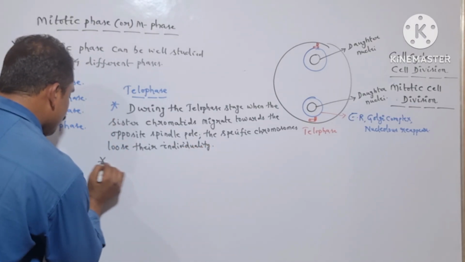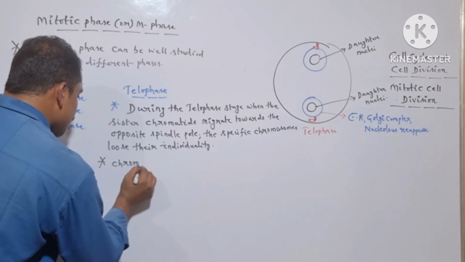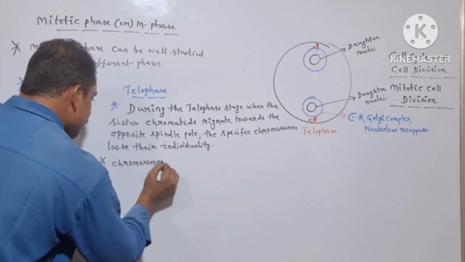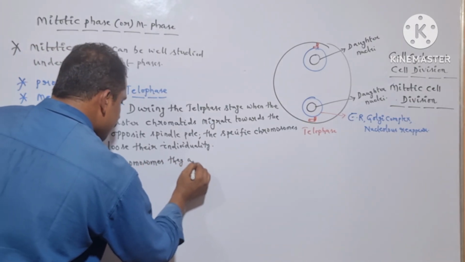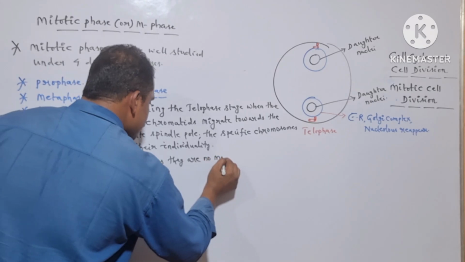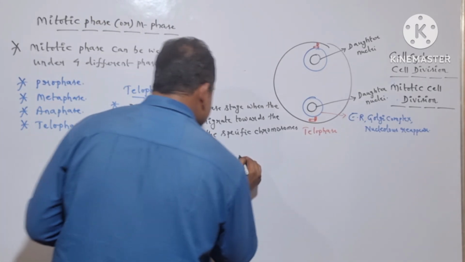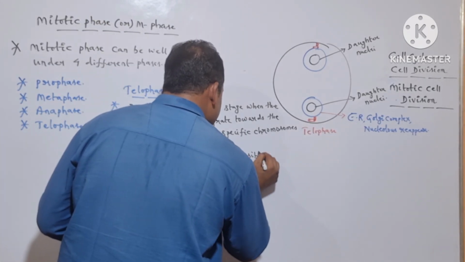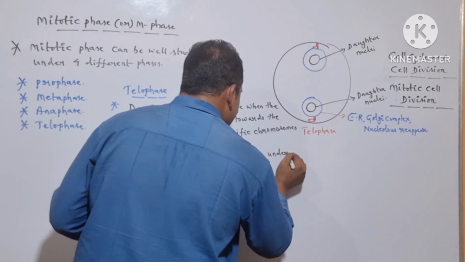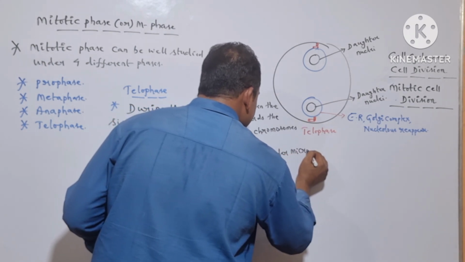And here chromosomes are no more visible under microscopic observations.